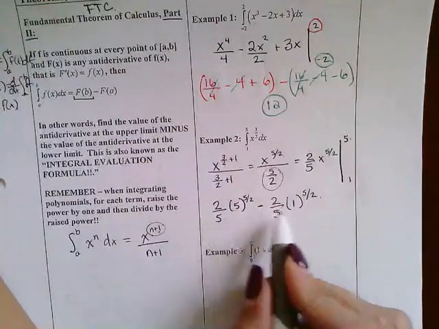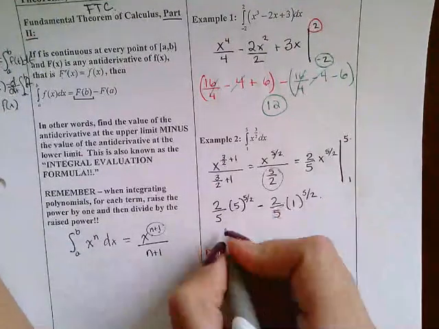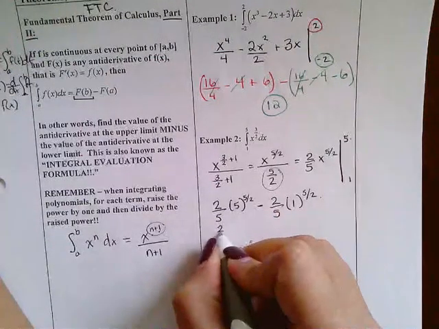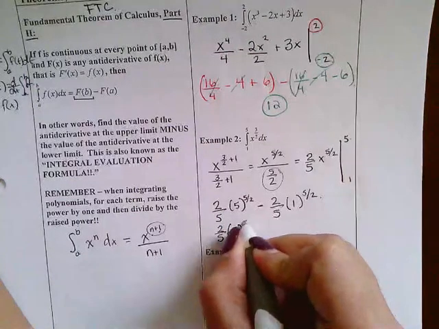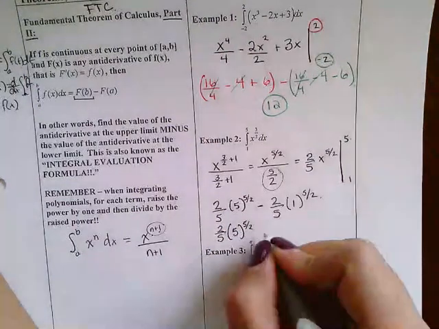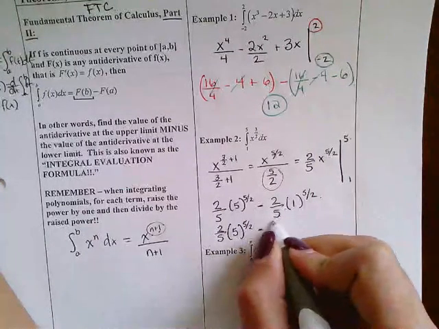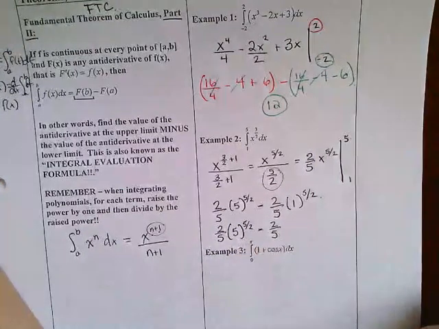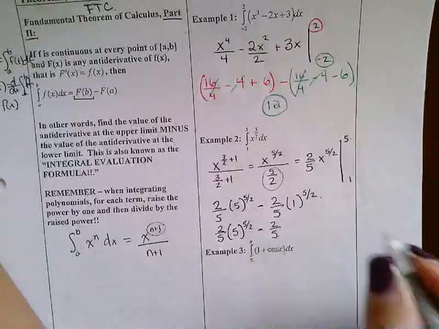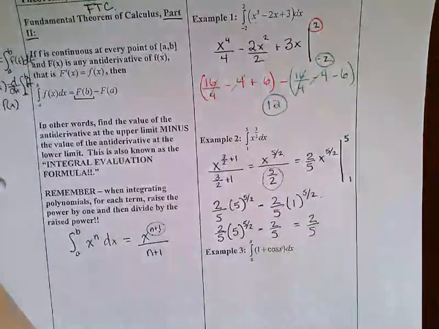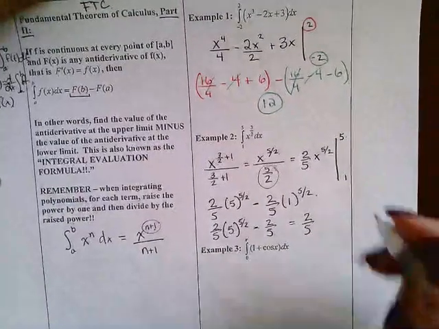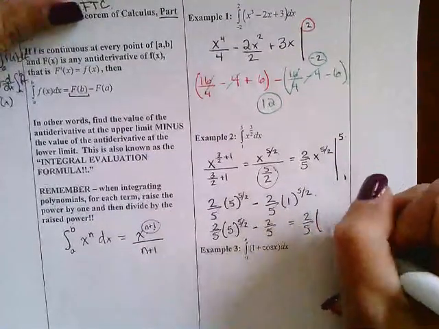And if I simplify this, this is 2/5 5 to the 5 halves minus 2/5. They both have a 2/5 in common, so I'm going to take one out. See, without a calculator, you're kind of limited as to how your answer is going to look.